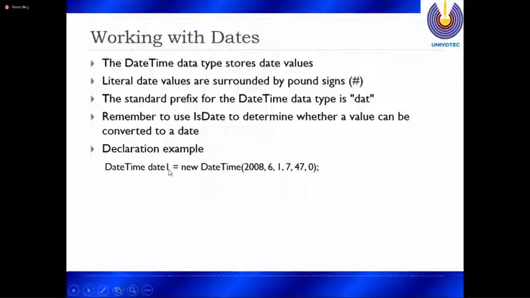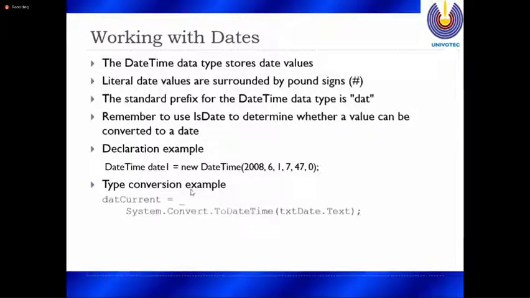DateTime date1 as a new DateTime, this line. Okay, this is the year, month, and date. This is the hours, minutes, seconds. Okay, this is the DateTime. Type conversion in the exam: you can type this, a DAT current.